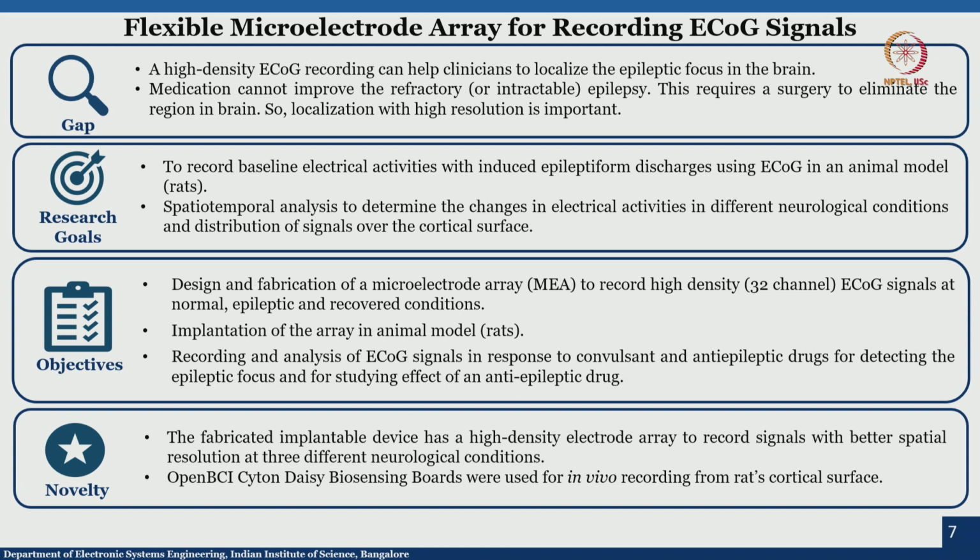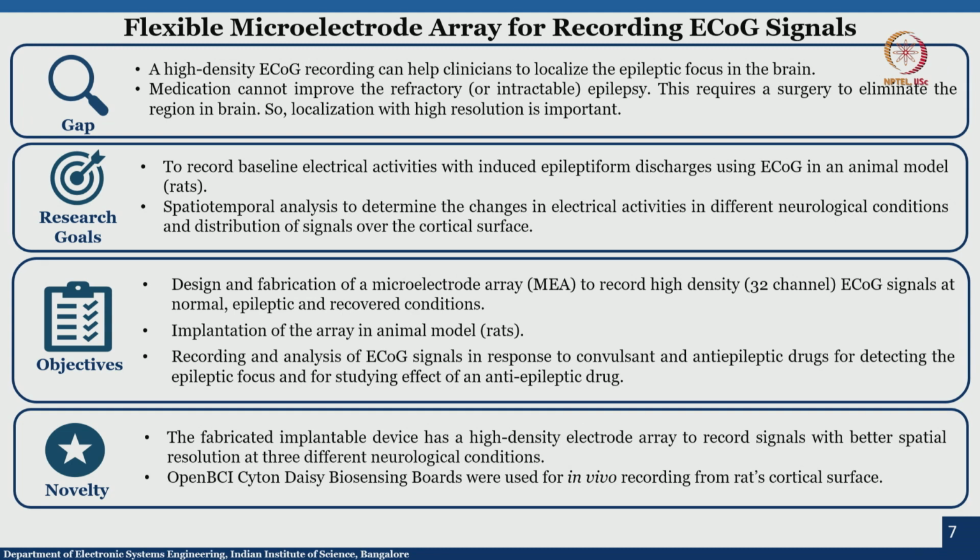So, the gap can clearly be seen from the first statement. A high density ECOG electrode recording can help clinicians localize the epileptic focus in the brain, but high density electrodes are not available. Second, medication cannot improve refractory or intractable epilepsy. This requires a surgery to eliminate the region in the brain.